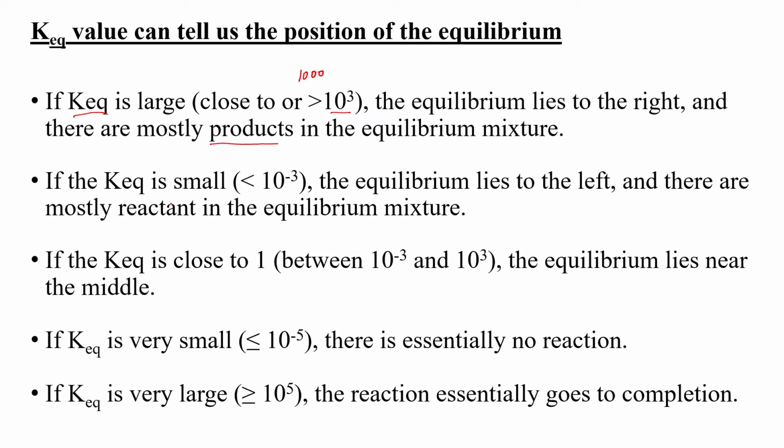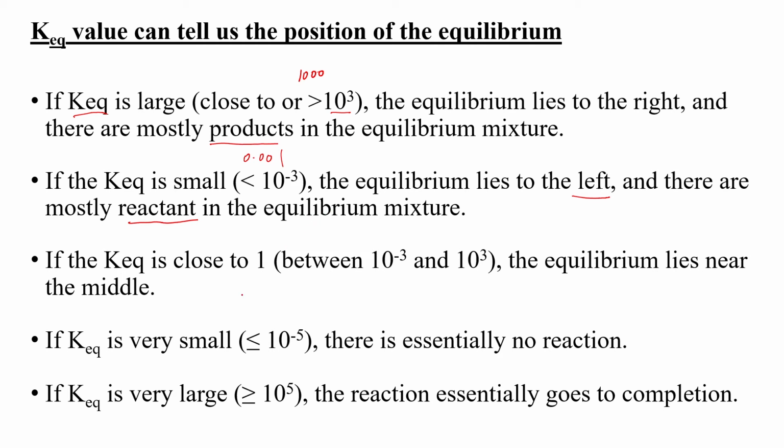But if this K equilibrium is small, which is less than 10 to the negative 3 or 0.001, the equilibrium will lie more towards the left side and there will be mostly reactants in the reaction mixture.